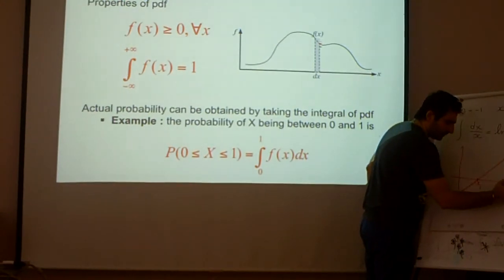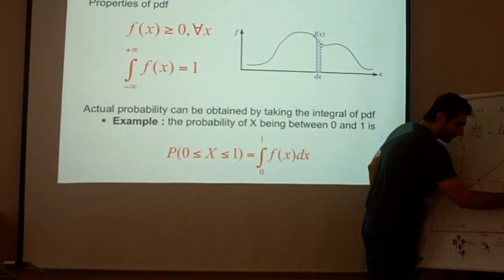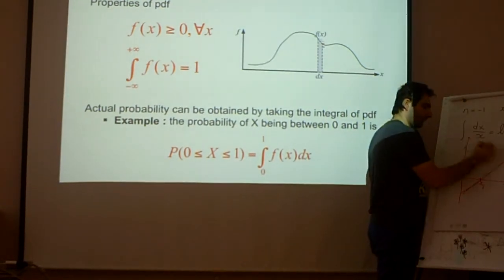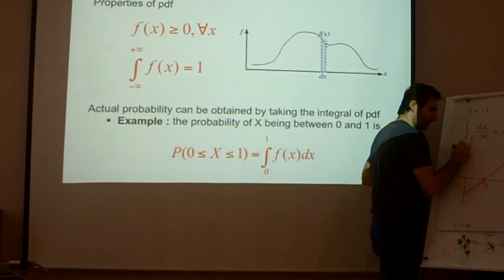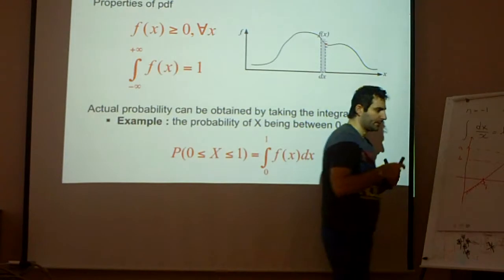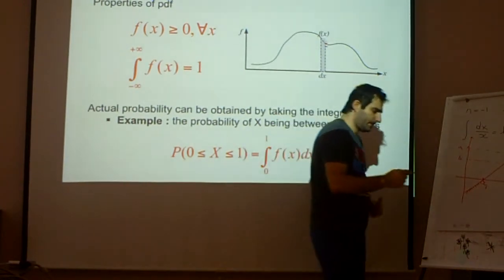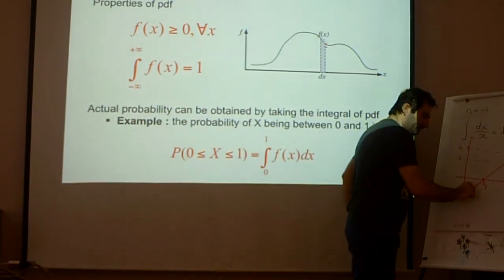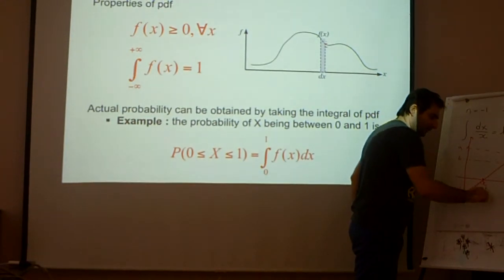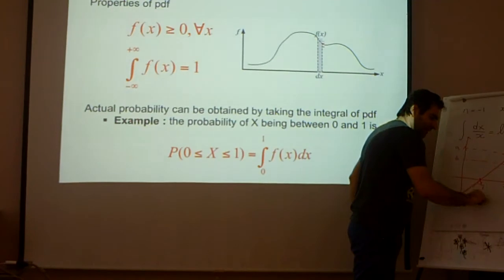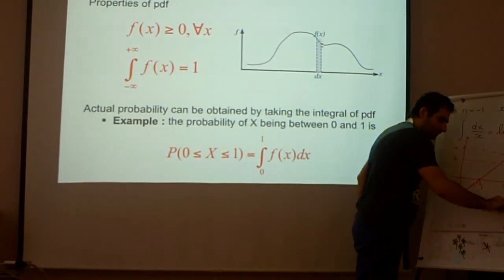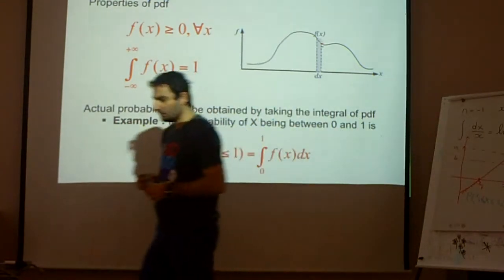This is x2. This is x3. And this is x4. This is A. And this is B. Now, question. What is the probability of x to be between x1 and x2? What is this probability?